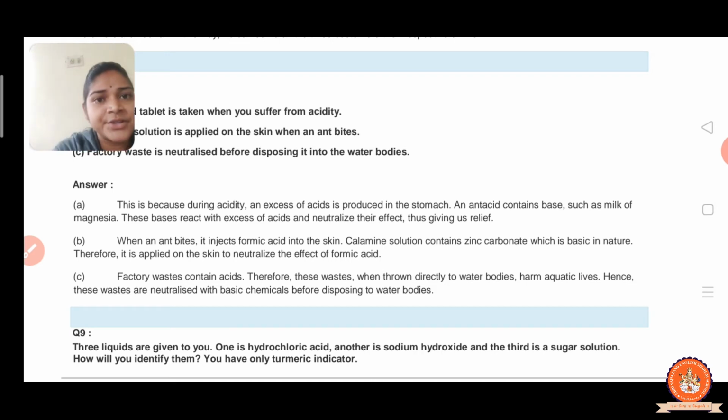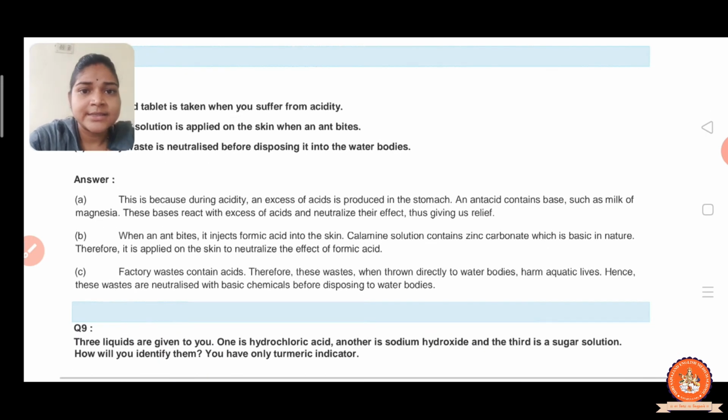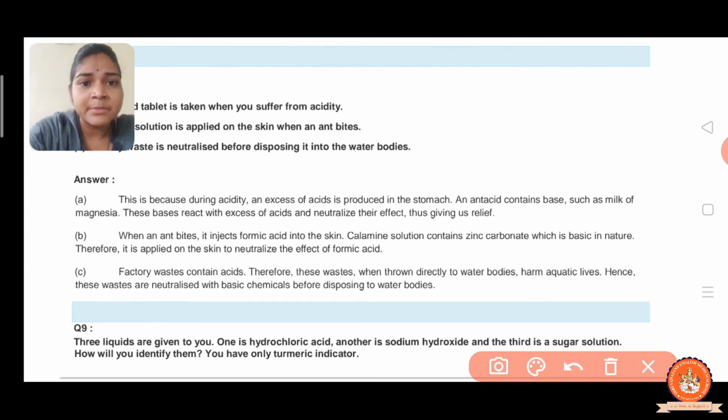Now the second question: calamine solution is applied on the skin when an ant bites. We already discussed this in the chapter. When a red ant bites, it injects formic acid into our skin. At that time we feel some swelling or itching on the skin, right?